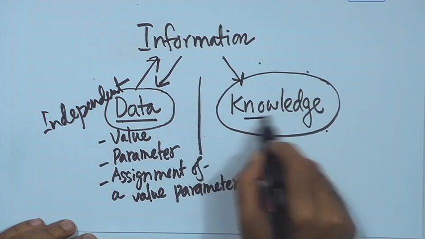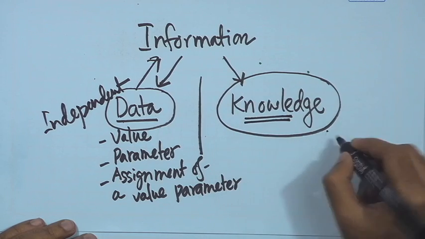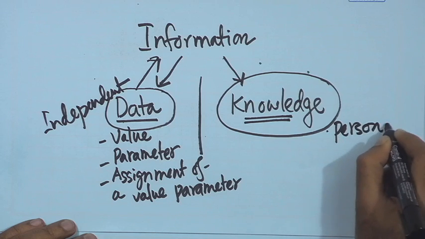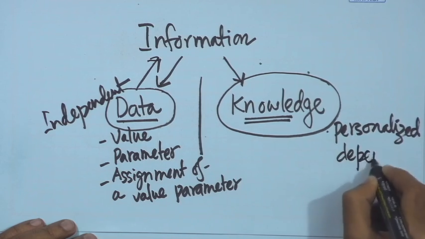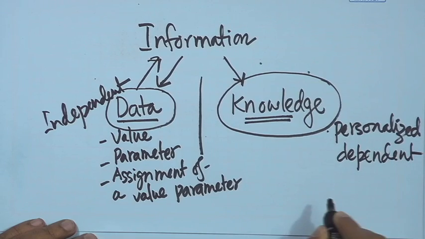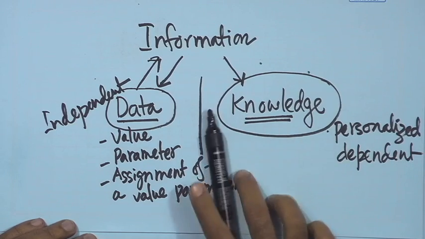And the knowledge aspect, as we all know, is very much personalized and is dependent on certain factors. So knowledge is a personalized form of data or information, and it is very much dependent on certain factors.